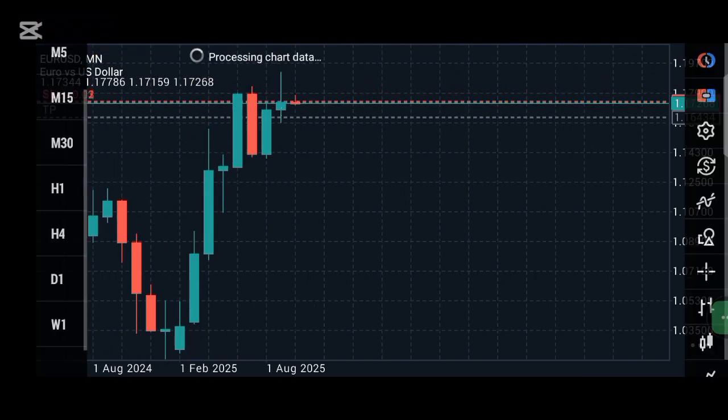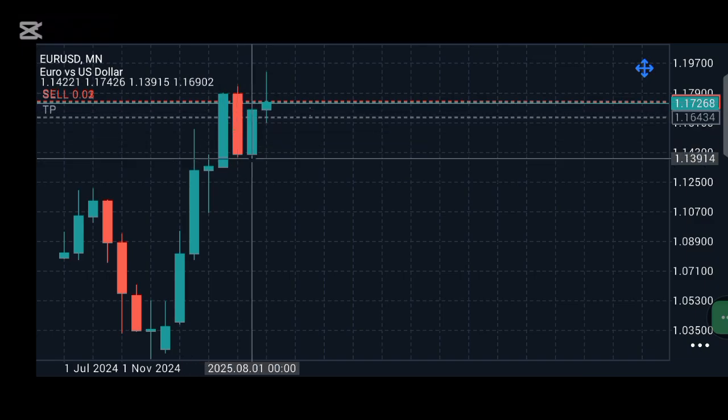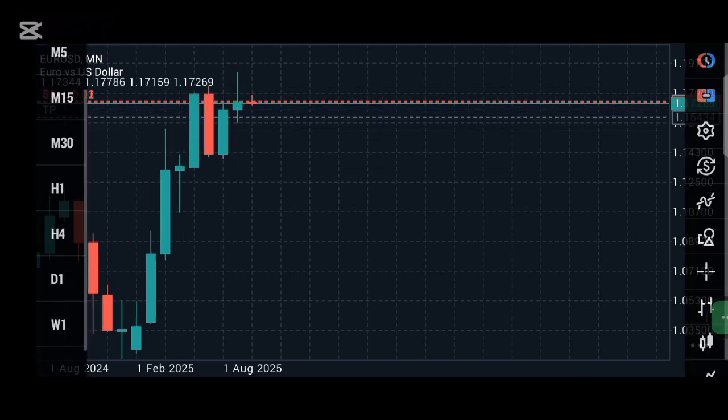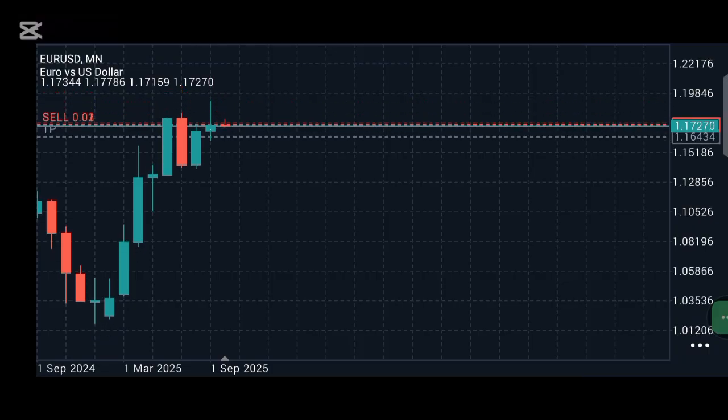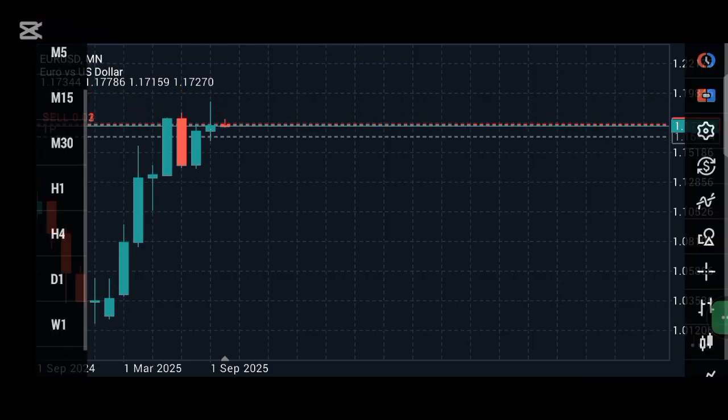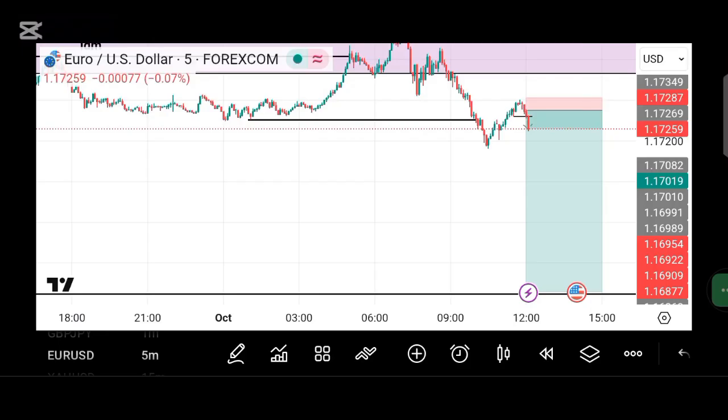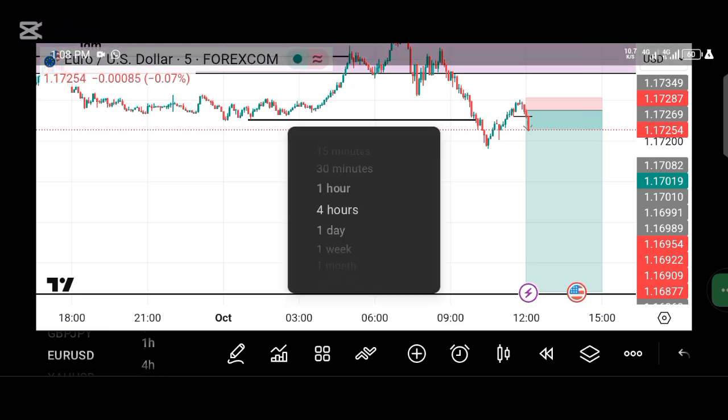You can see what's happening around this level here. My candlesticks are actually fluctuating. If not, I can take you to TradingView. So here on TradingView, let me take you to the monthly time frame.